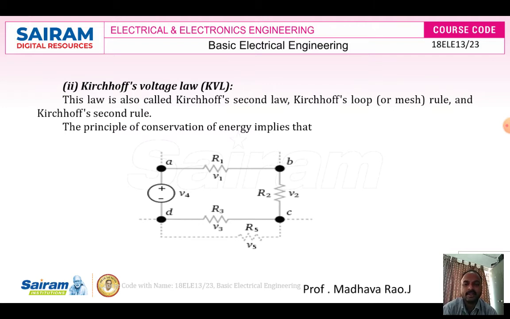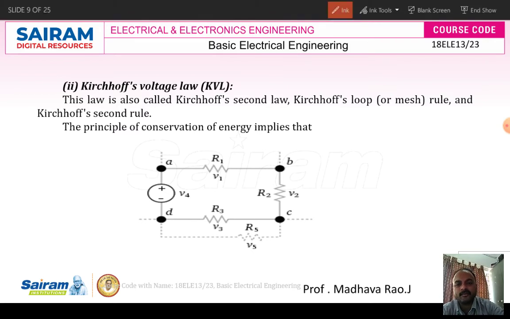According to KVL statement, algebraic sum of the voltages and algebraic sum of the resistive drops in any closed circuit at any instant is equal to 0. That is the statement. According to the statement, what we can write: V1 plus V2 plus V3.